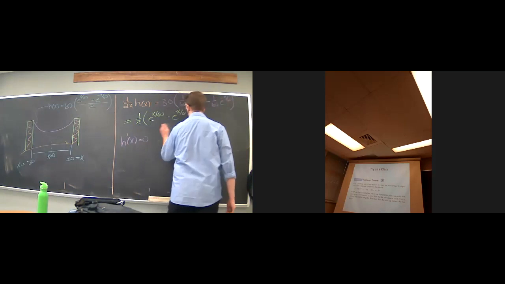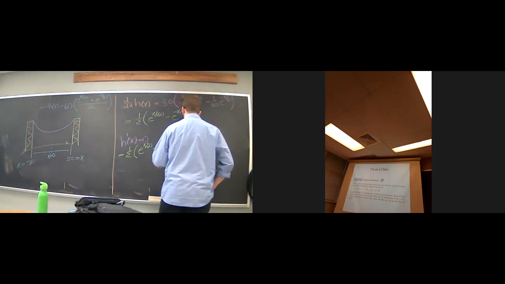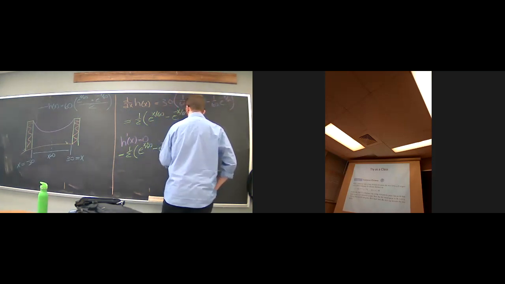So taking the derivative and setting it equal to 0, we're going to get that 1/2 times e to the x over 60 minus e to the negative x over 60 is equal to 0.